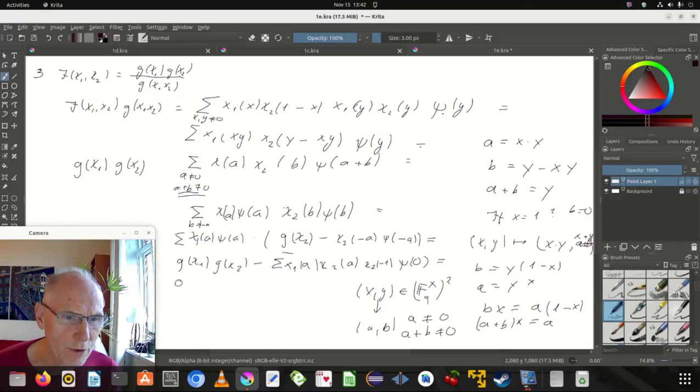So this is the result we should get, minus. So we have to look at this sum and see if we can argue that it doesn't vanish. We take chi 2 of minus 1 outside the sum.